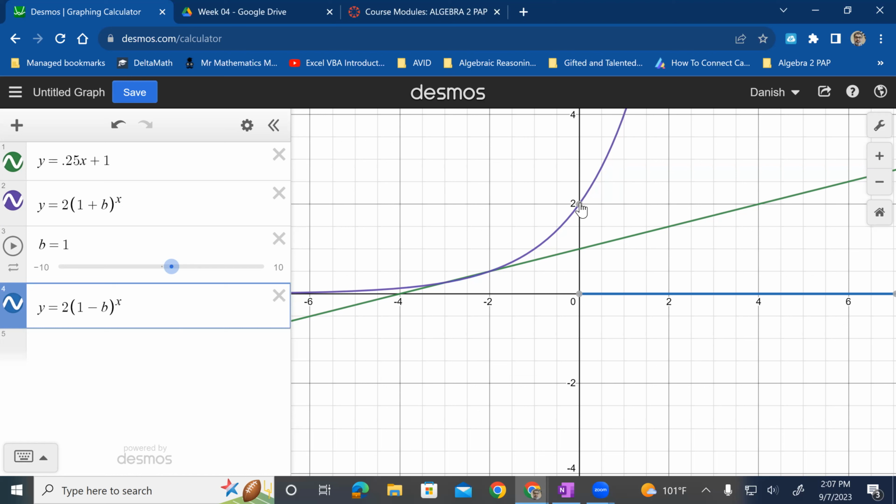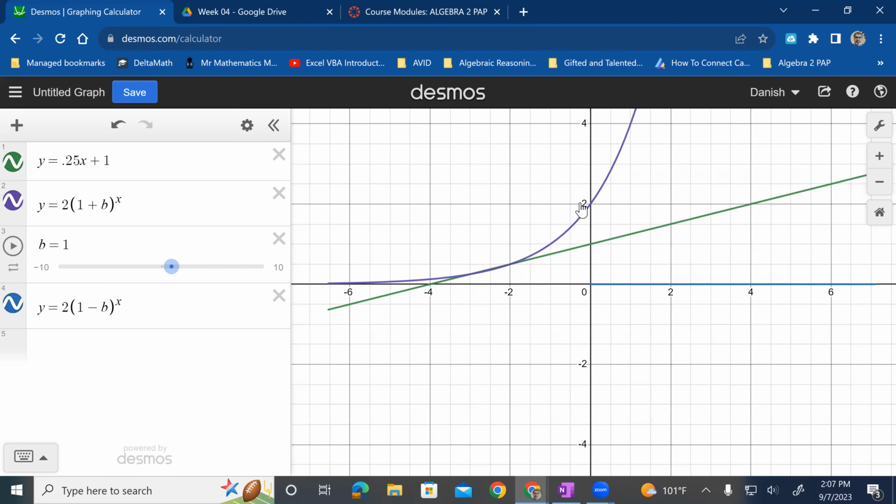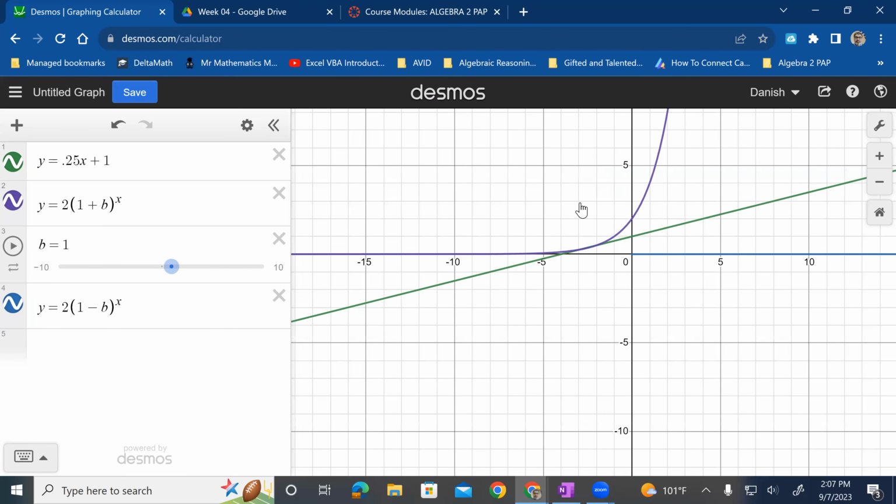Do you see it? It's a straight line. That line is never ending. Yeah, you're right. It's never ending. I think I did something wrong while typing it in. Let me do it again quickly.